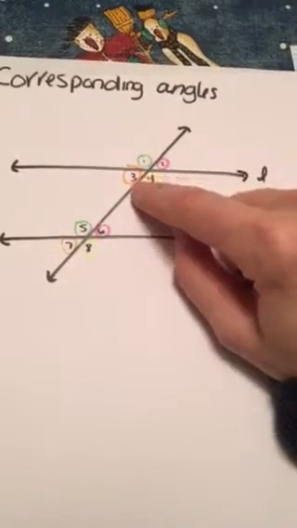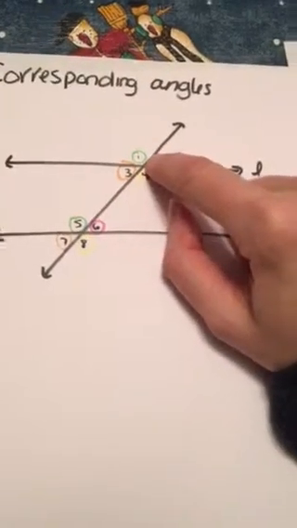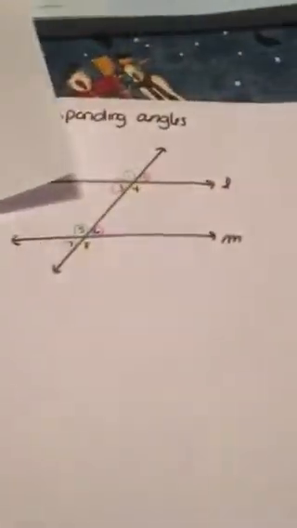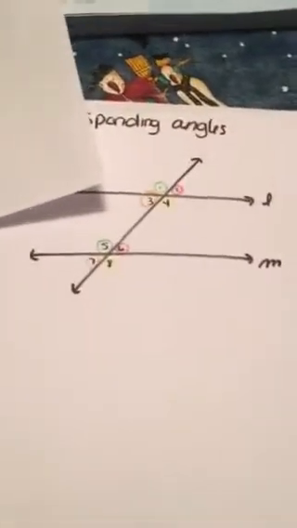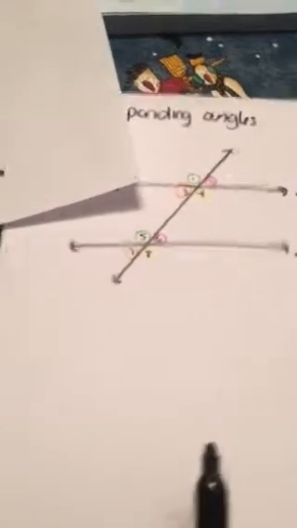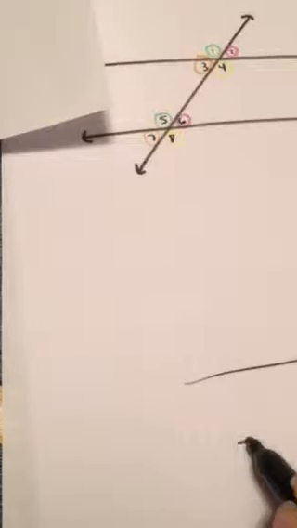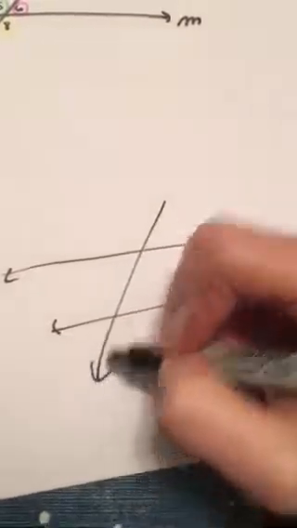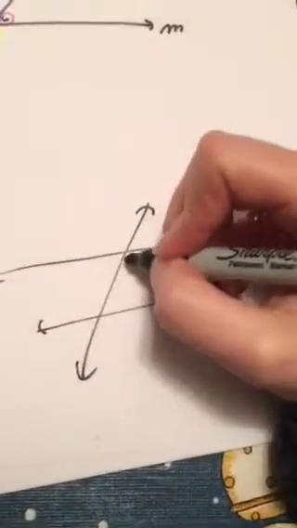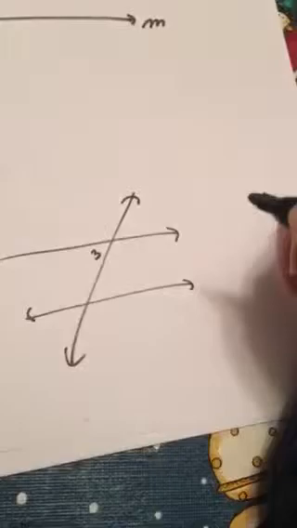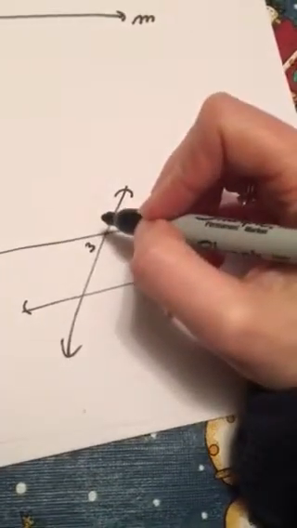If they give you angle 3 and they want you to figure out angle 1, another relationship that we have would be linear pairs. So let me quickly draw this.